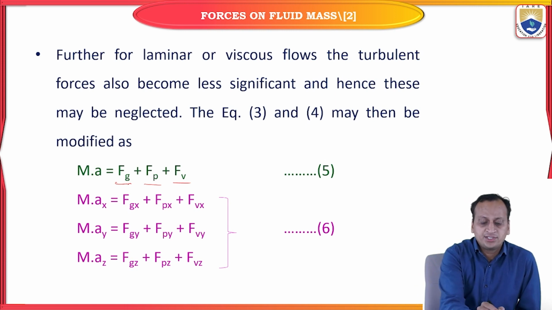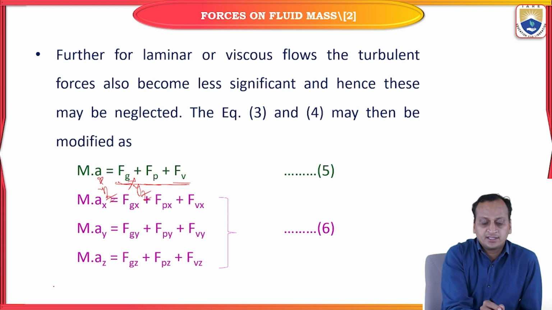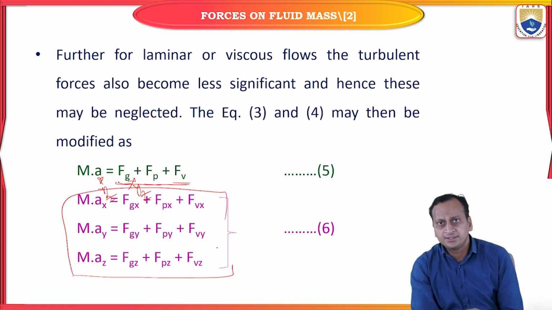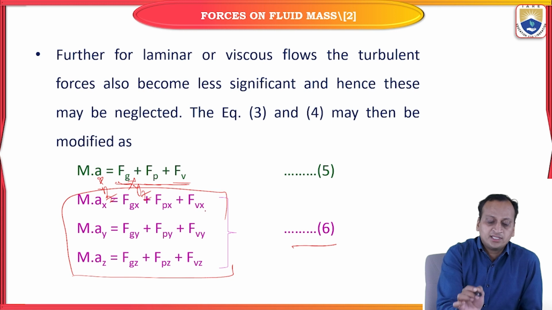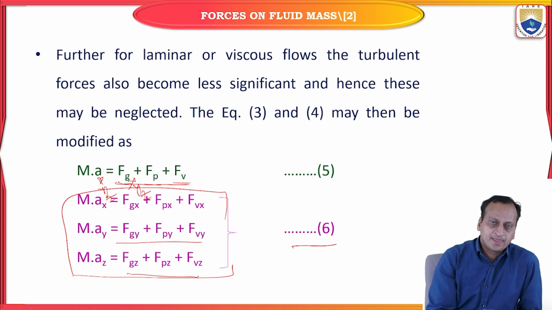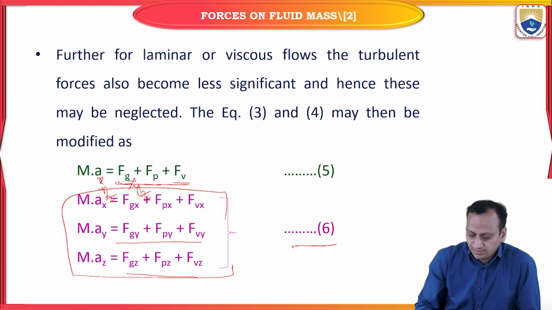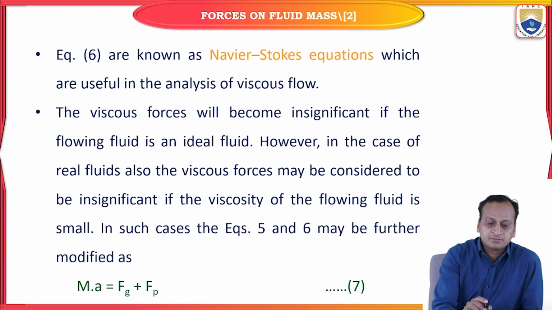If you resolve these three forces about three mutually perpendicular directions x, y and z, along with the acceleration about x, y, z, you can write this set of equations. As per Newton's second law, ma equals the sum of forces, and you can derive equation 6: Fgx plus Fpx plus Fvx, similarly about the y direction and the z direction. This particular set of equations is known as the Navier-Stokes equations.